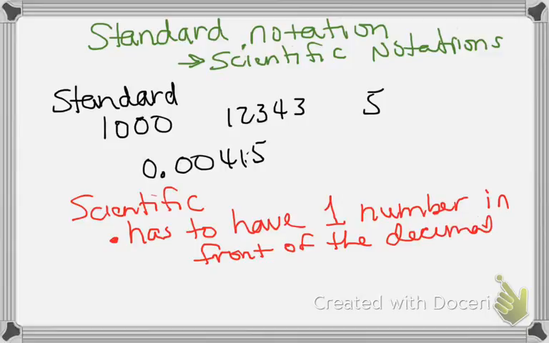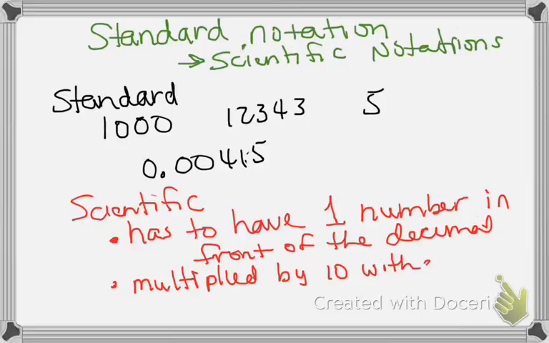It also has to be multiplied by 10 with an exponent. The number in front of the decimal can only be between 1 through 9.